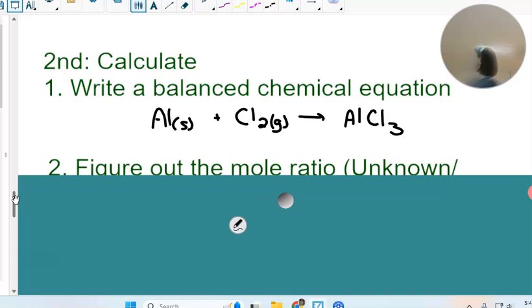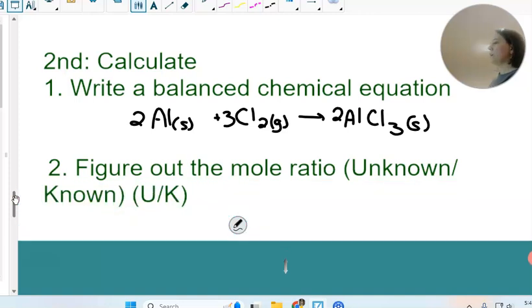That's an ionic compound, so it's either solid or aqueous, but there's no water, so it's going to be solid. Now I have to balance this. I have 2 chlorines here and 3 chlorines there, so the common multiple of 2 and 3 is 6. So I have to put a 3 here so that I get 6, and a 2 here so I get 6 chlorines. But now I have 2 aluminums, so I need to make 2 aluminums there.